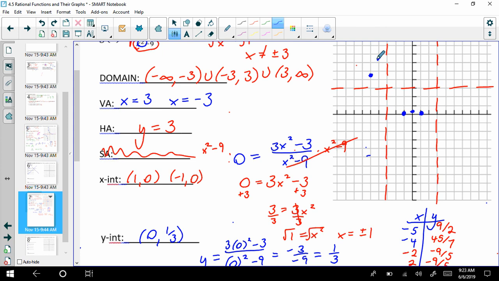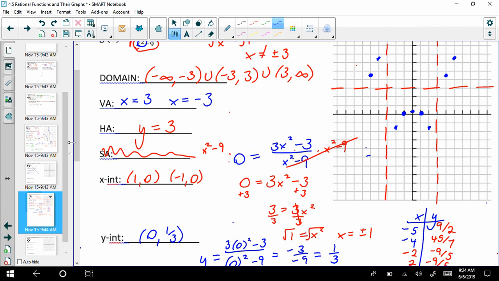Negative 2, and then negative 9/5. Negative 9/5 as a decimal is negative 1.8. So 1-ish, like right here. Then 2, also negative 9/5. 4 will be up at the same spot. Notice y-axis symmetry, so it's going to be a mirror image. And so then I know I'm going to have another guy here, y-axis symmetry.